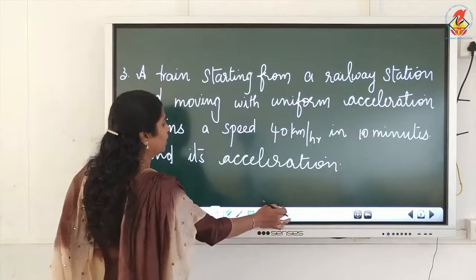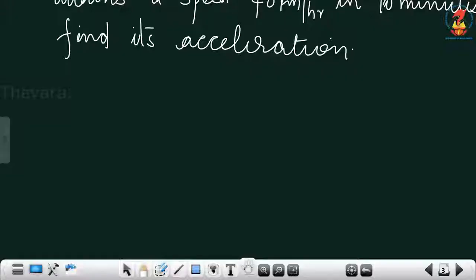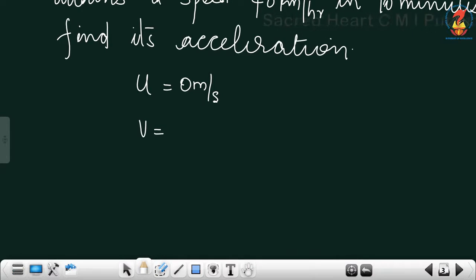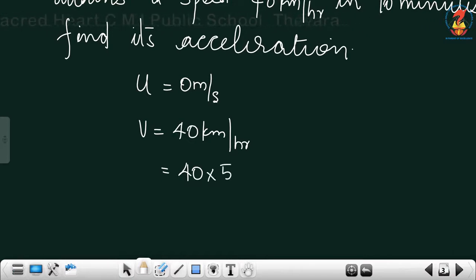So you got here initial velocity u equal to 0 meter per second. v, you got it as 40 kilometer per hour. So we need to convert it into meter per second. So 40 into 5 by 18 meter per second.